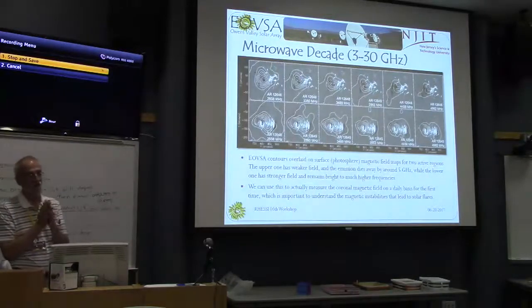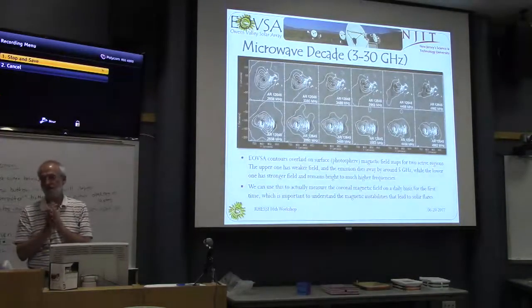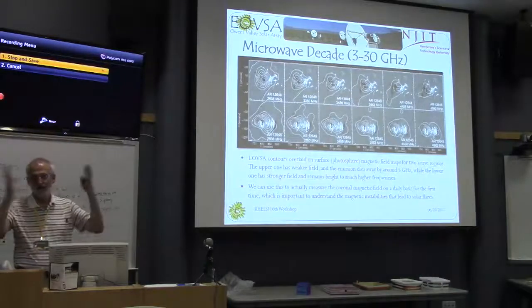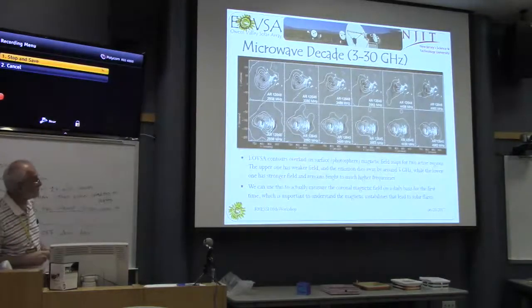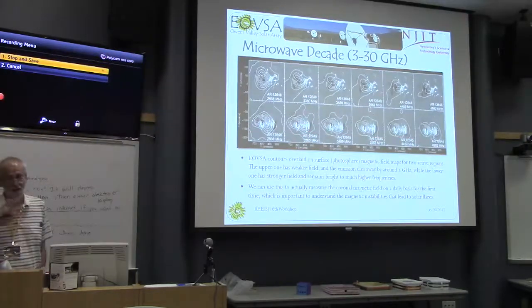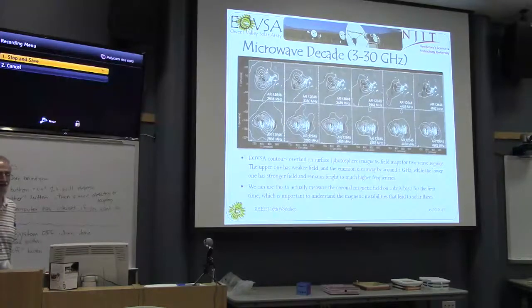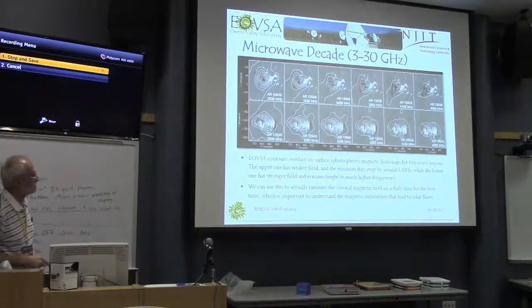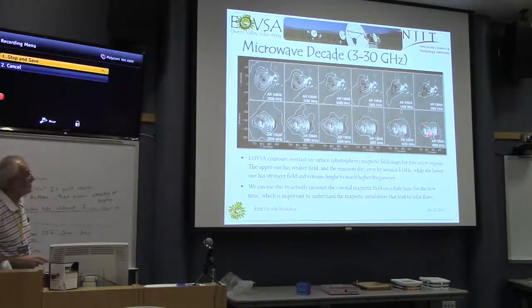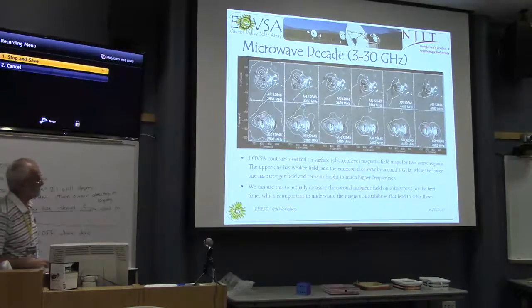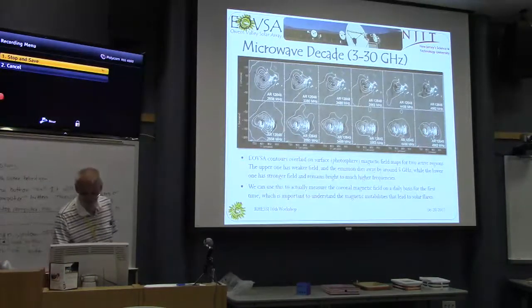After all, it's in the corona that these flares and instabilities are occurring that's driving all this solar activity. So from these observations, we'll be able to actually measure coronal magnetic fields, the magnetic field at some height above the surface. That's an incredibly important thing that we've been working towards for 5 years or so.